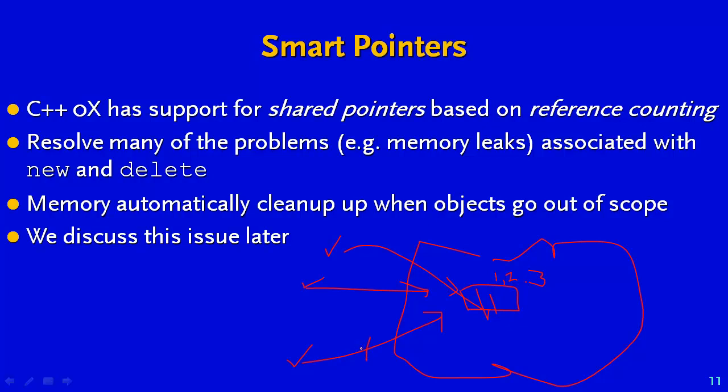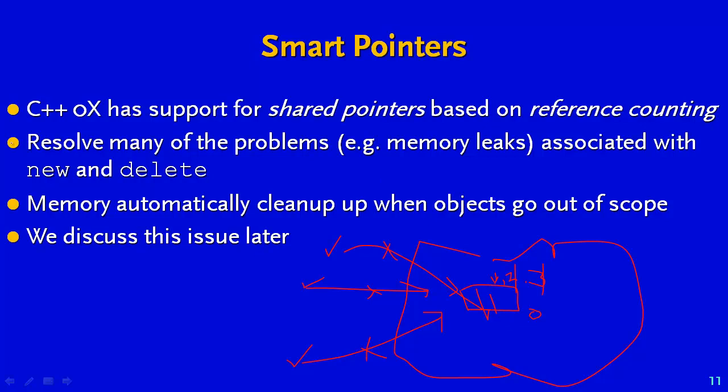If this object says I don't need the memory anymore, the reference count is knocked down. If the other object goes out of scope, the reference count is 2. And when the last object goes out of scope, the reference count is 0, which means nobody's using the piece of memory, in which case it will be automatically removed from memory in one of the destructors.